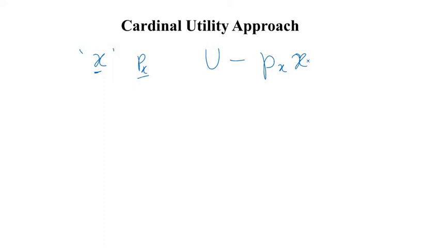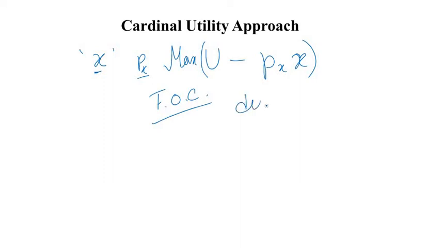Now, what would the consumer do here? The consumer would try to maximize this utility from the consumption level, and we will solve this utility maximization problem. So what will be the first order condition?